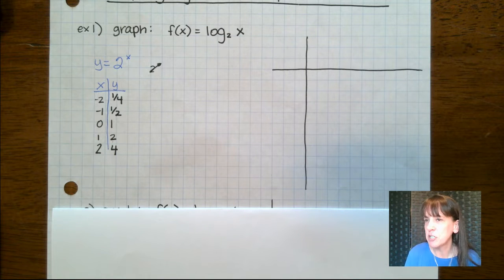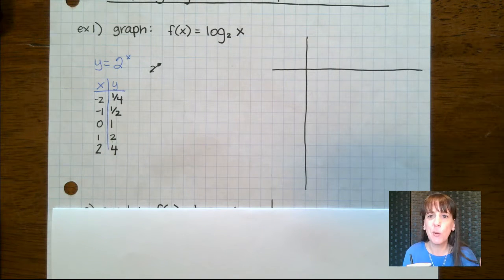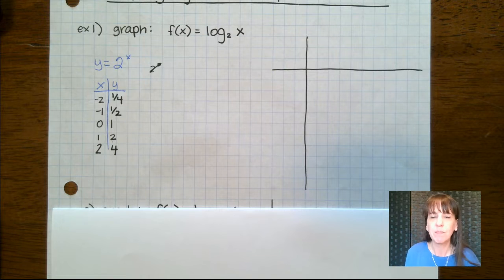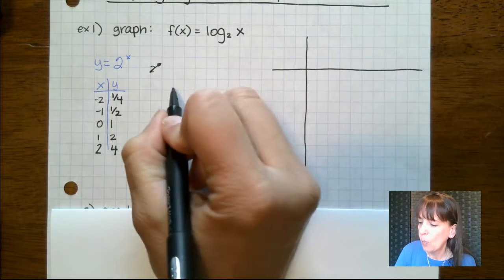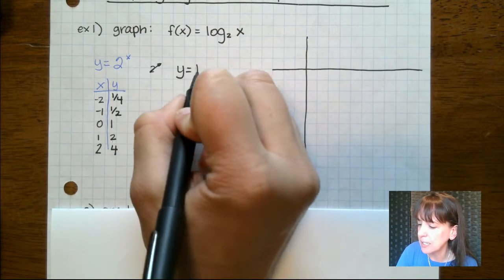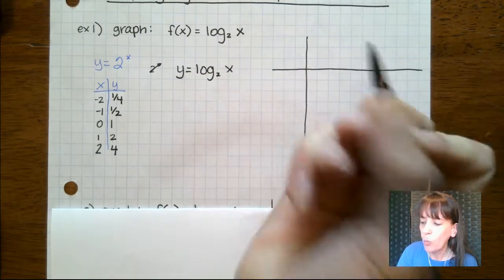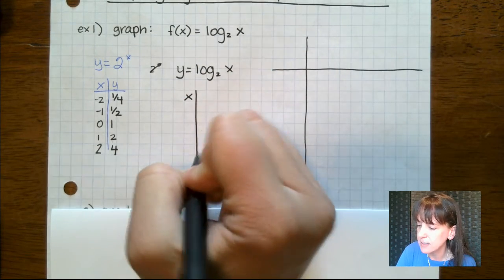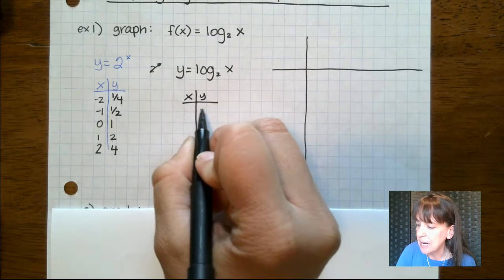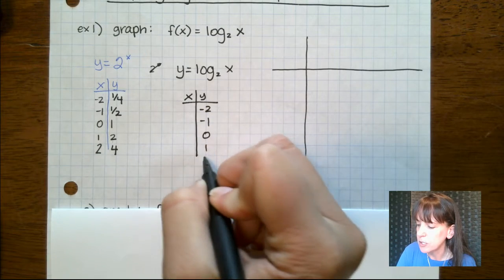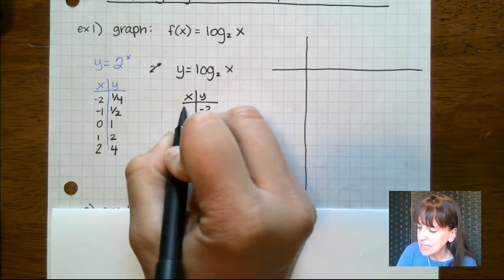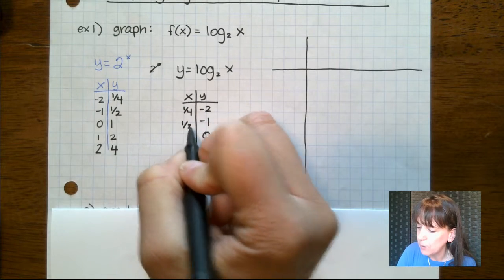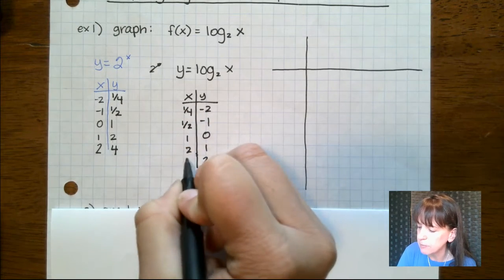The range of a function is the domain of its inverse, and domain is just x and range is y. So all I'm saying there is in order to change it into the inverse, we just have to swap our x and y's. So my y is now -2, -1, 0, 1, and 2. And my x's are these guys, 1/4, 1/2, 1, 2, and 4.